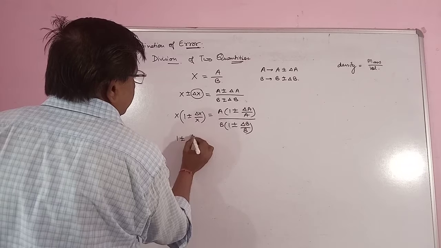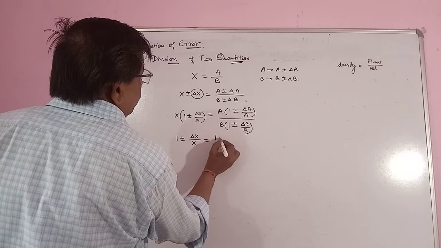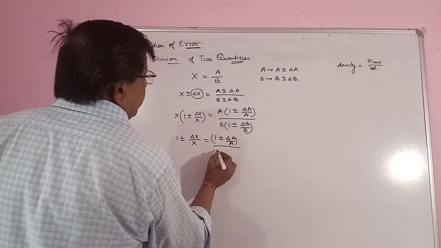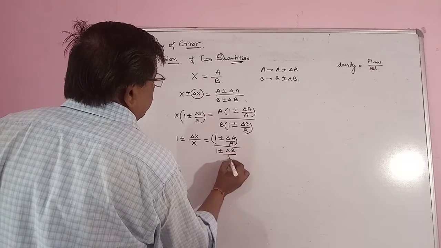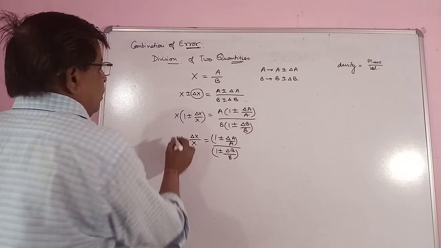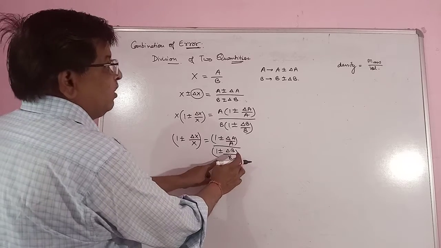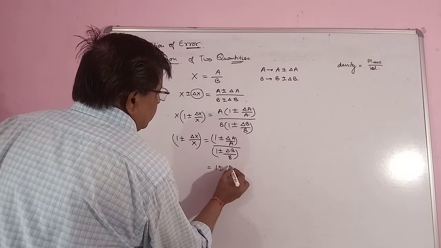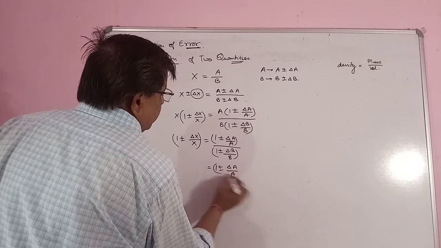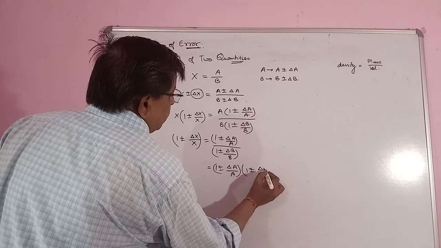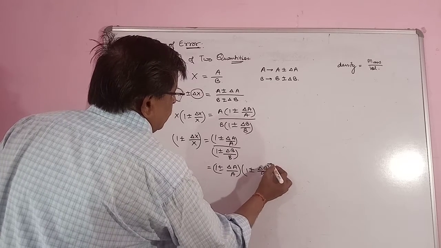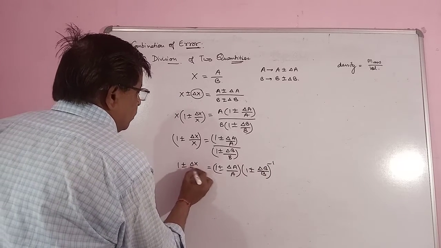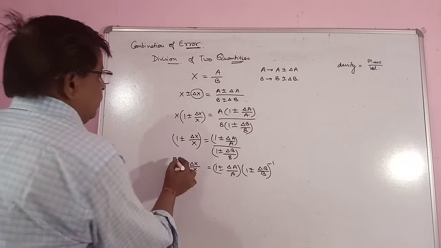What we get is 1 plus minus delta X upon X equal to 1 plus minus delta A upon A, divided by 1 plus minus delta B upon B. This is in the denominator, so it becomes to the power minus 1.